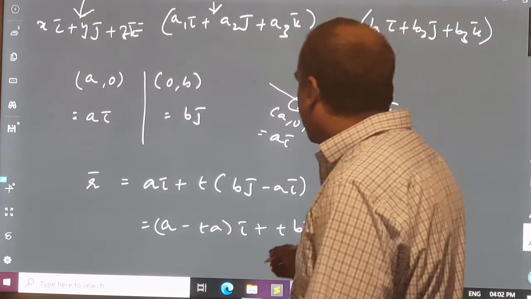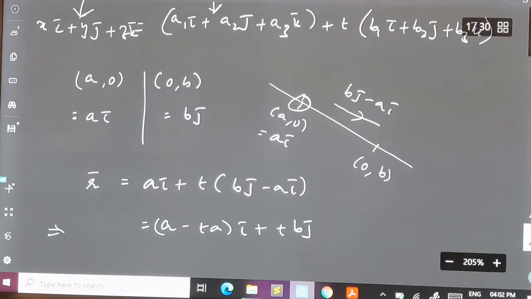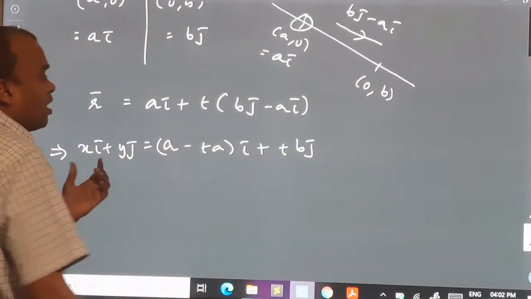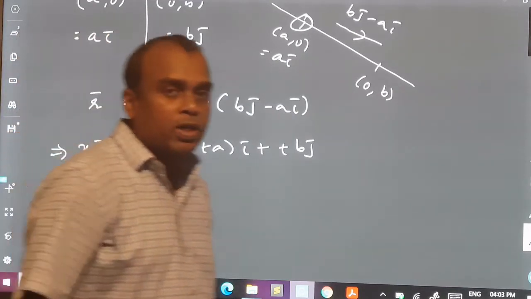Now what I do is that r bar I will write that varying point as x i bar plus y j bar. And now look at the basis vectors i bar and j bar. We know that they are non-collinear. Therefore, I can equate the corresponding components.